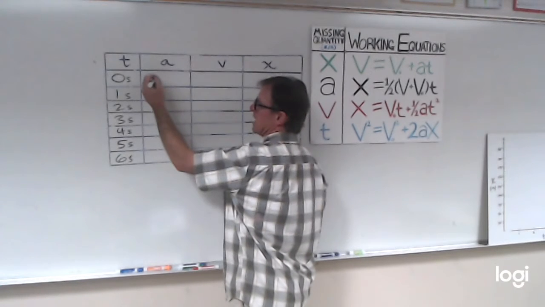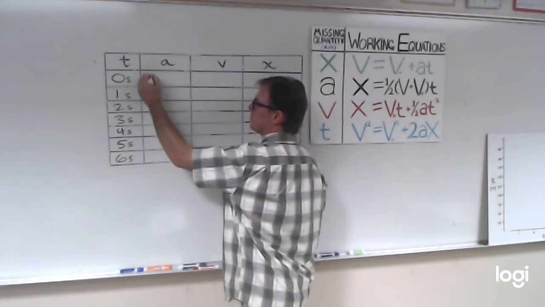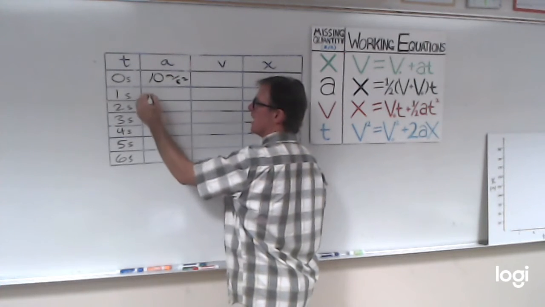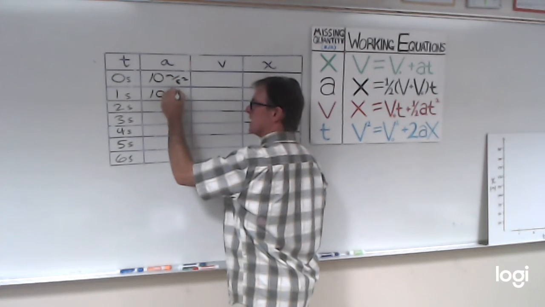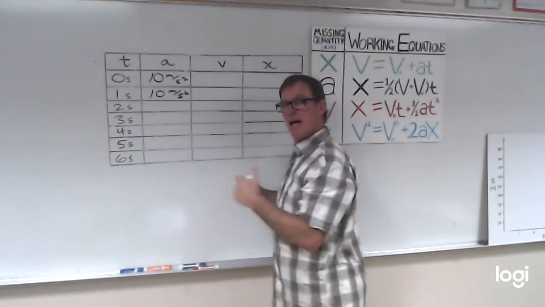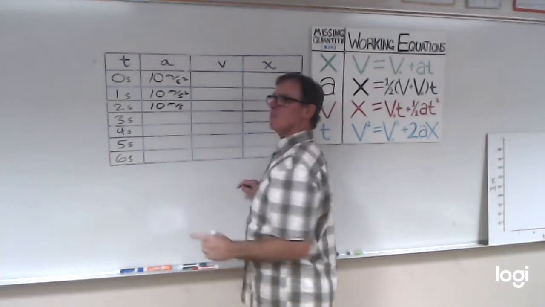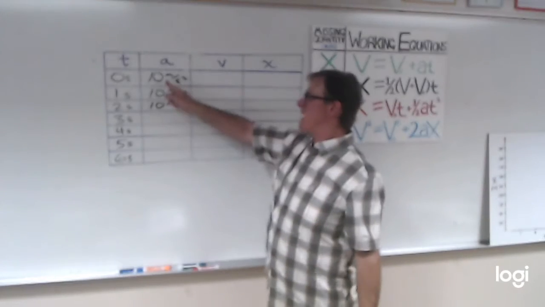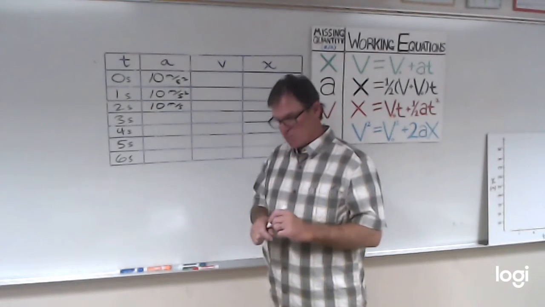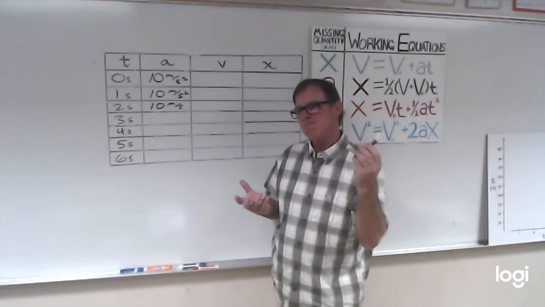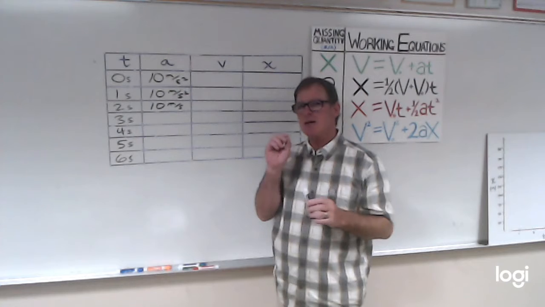So let's put down the acceleration at the beginning. At the beginning, it's 10 meters per second squared. And then after 1 second, it's still accelerating on Earth at a constant rate of 10 meters per second squared. Now, some of you might find it interesting that I put 10 for the first one, that is 0 seconds of time gone by, and you might not feel comfortable with that. Think about this for a moment.